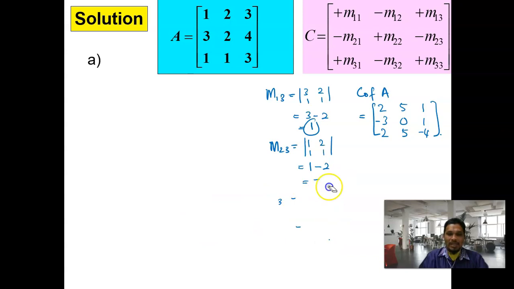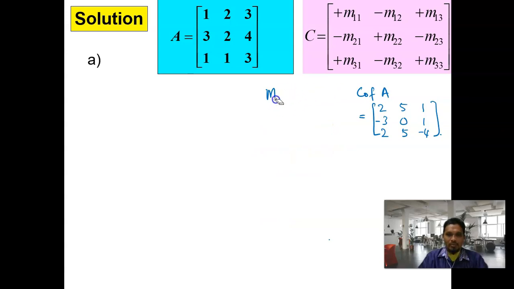If you think that my explanation is very fast, you may repeat to watch it and hear it again and again. So now, this is a cofactor of A. Okay, I'll rewrite here. Cofactor of A equal to 2, 5, 1, negative 3, 0, 1, and 2, 5, negative 4.